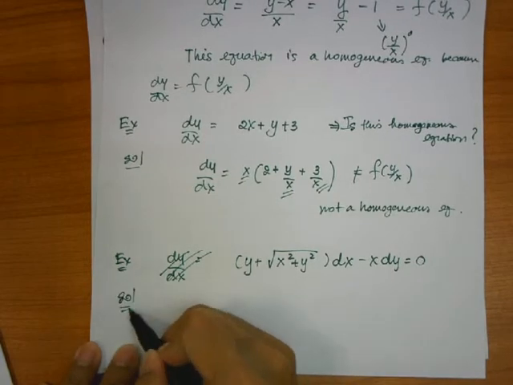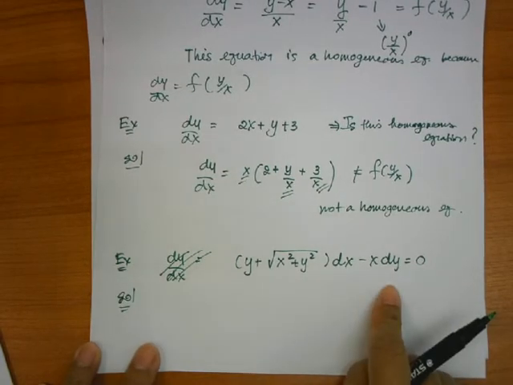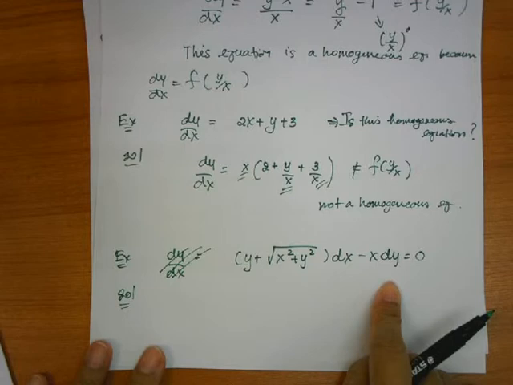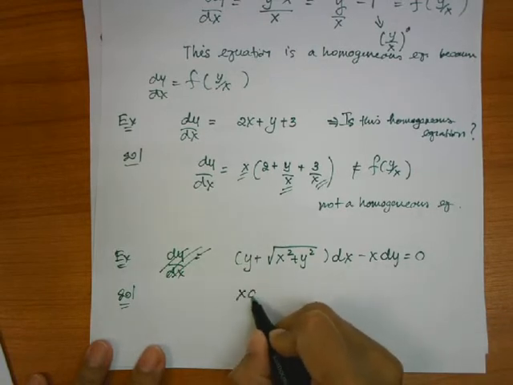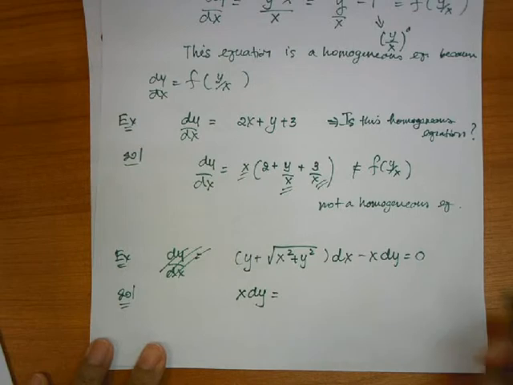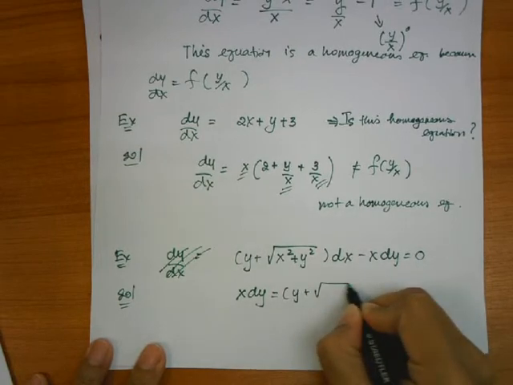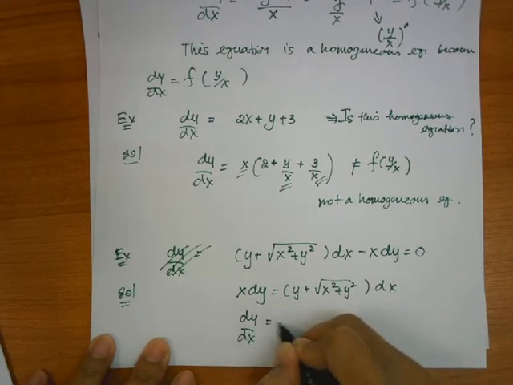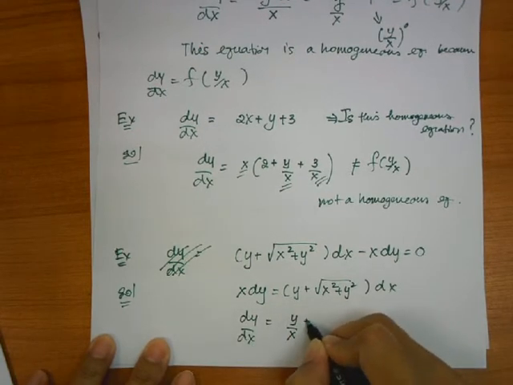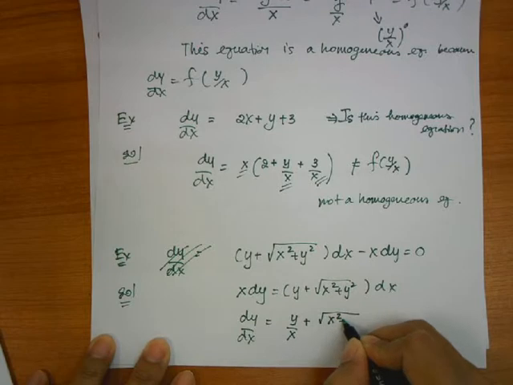The way that we do it is rearrange the equation in such a way that dy by dx is a function of y over x. You would get x dy equal to y plus square root x squared plus y squared dx. So our dy by dx is equal to y over x plus square root x squared plus y squared divided by x.